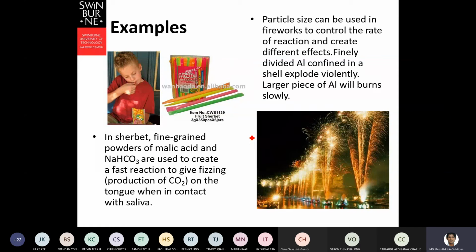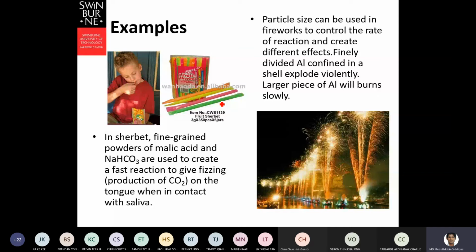For the fireworks that we see during our festivals or this season, the finer the particles or reactants are made, such as aluminium, sulfur, manganese, and sometimes chromium, the better the surface powder form, the better the reaction.